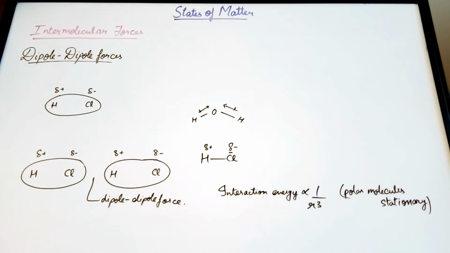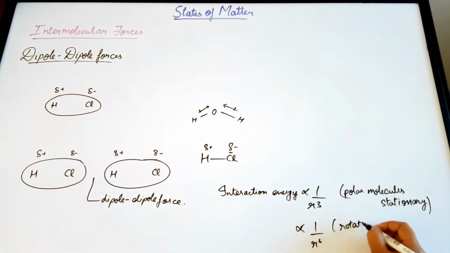Whereas if these molecules are rotating, then the interaction energy becomes inversely proportional to 1 by r to the power 6. This is for the rotating polar molecules. So the polar molecules not only possess the dipole interactions, but they also possess the London forces.